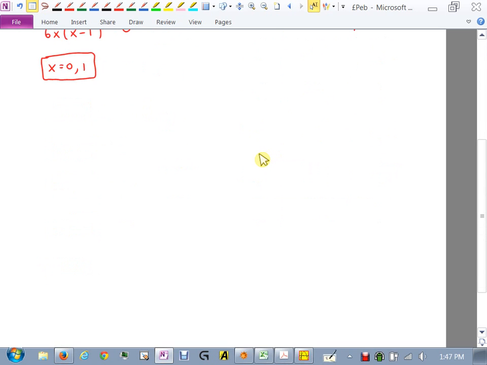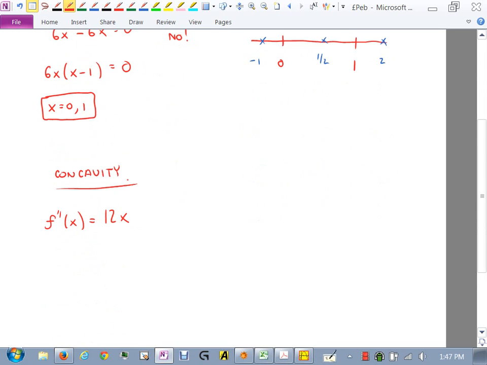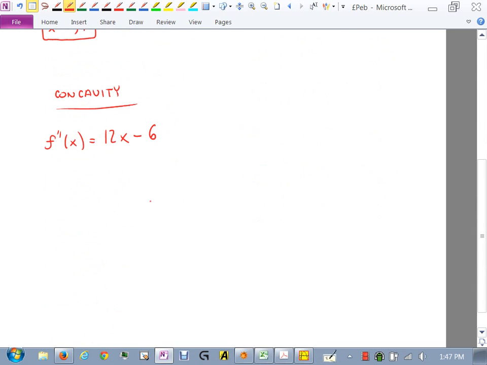Let's take a look at the second derivative. Now we're going for concavity. What is the second derivative? 12x minus 6. Set that equal to 0, which means x is 1/2.